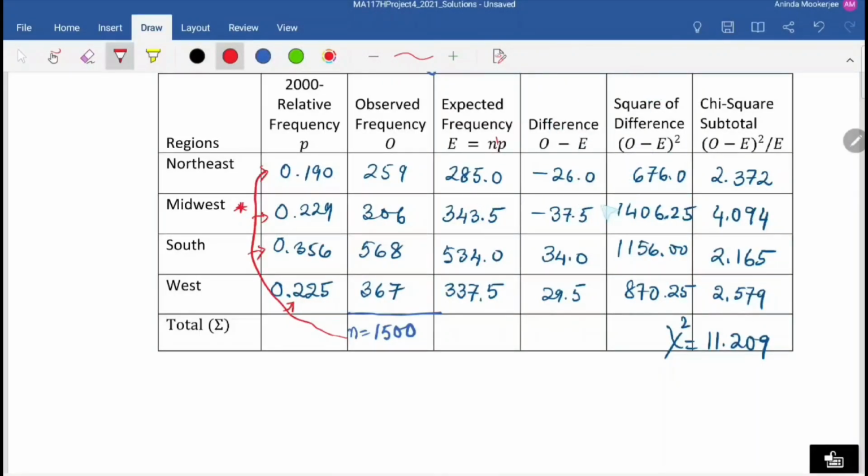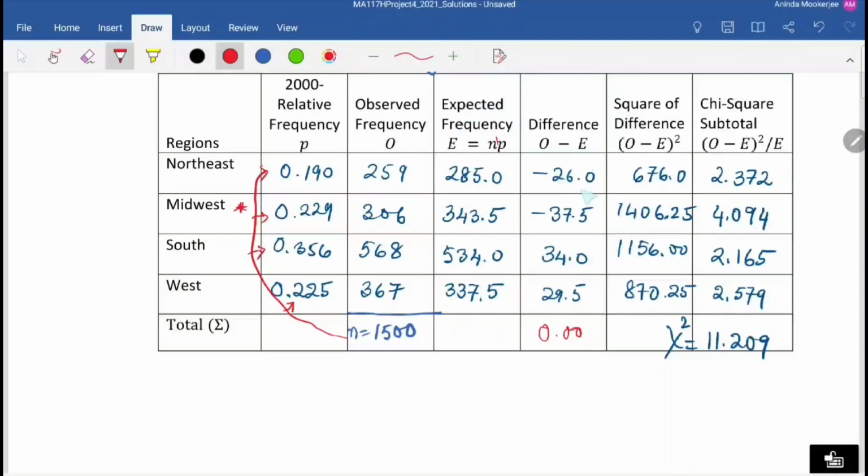And then in the next column, we have to square all these differences, because if you just sum up O minus E, you will end up with 0. It should give you a sum total of 0. Therefore, you have to square each difference, and then in the next step, you have to divide O minus E squared by the expected frequency values.